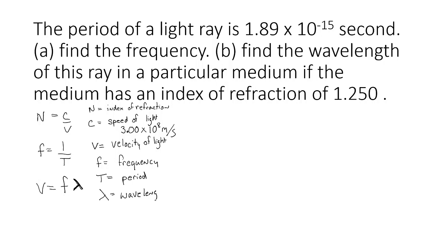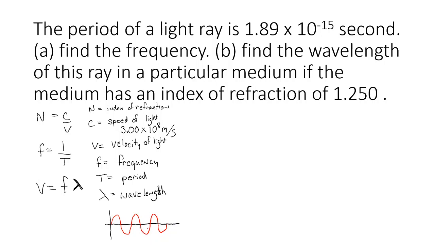So if you could picture these, I like to draw a standard sine wave, because that's usually the shape of light. When we talk about period, it's how often it repeats. You can see that this wave repeats.